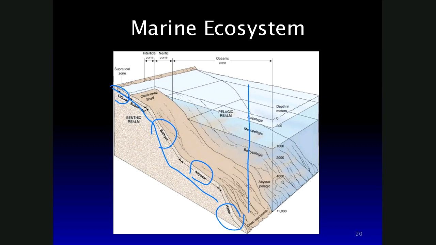And then the water area, the water column above the ocean floor, that's the pelagic realm, right? So the ocean floor realm is the benthic, and the water column is the pelagic realm. And the pelagic realm can be divided into intertidal, neritic, and oceanic environments.